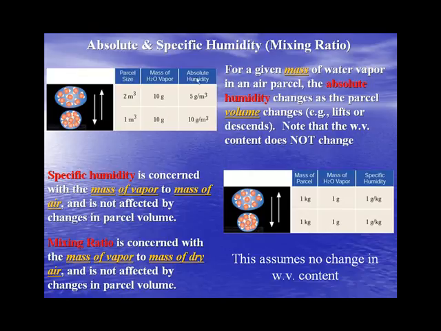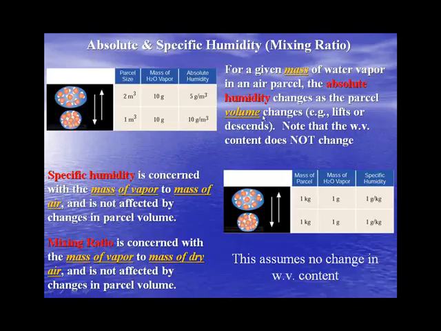But if we define the absolute humidity of this air parcel here, and then the same air parcel but just smaller, it has a different humidity. In other words, we look at the mass of water vapor, which is 10 grams in both the larger and the smaller air parcel, and we look at it in terms of mass per unit volume.